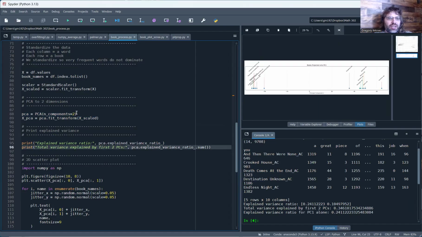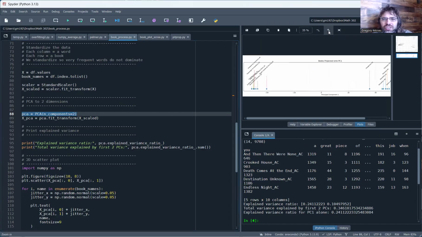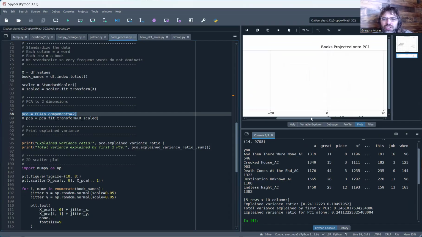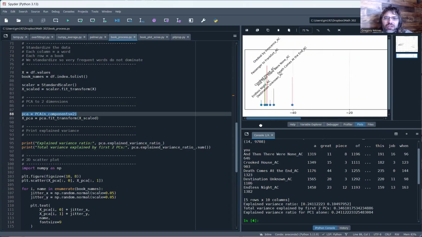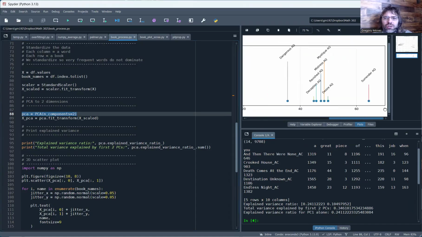And you see, I've said that I want to look at this in 2 dimensions. So here's our projection in 1 dimension. That's pretty impossible to see, isn't it? But we saw that our Agatha Christie was all together and our Amanda Quick was all together.